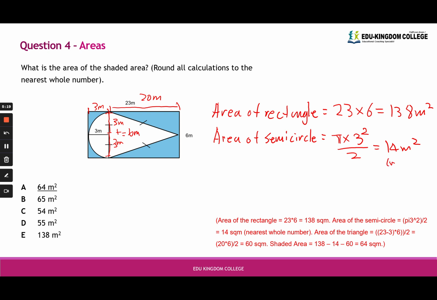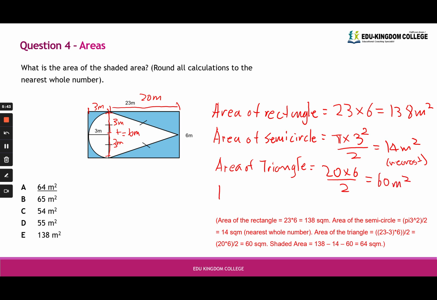So we just write nearest. Okay, and then we do the final bit, the area of the triangle. So the area of the triangle, we have that already, so we just do 20 times by 6 over 2, and so that will give us 60 meters squared.